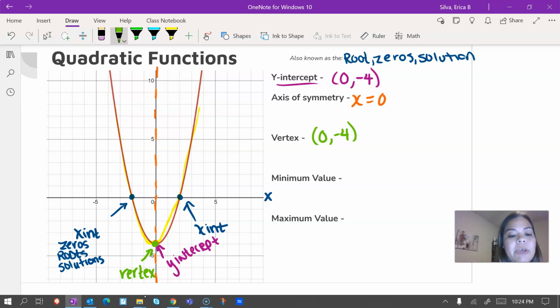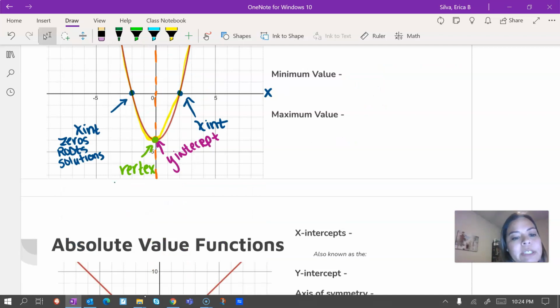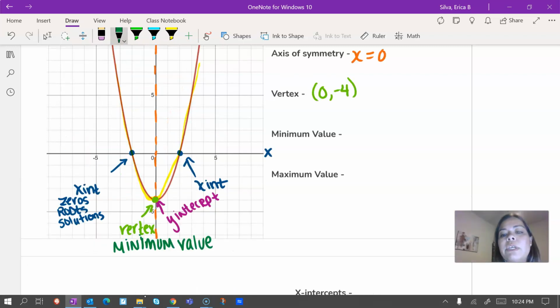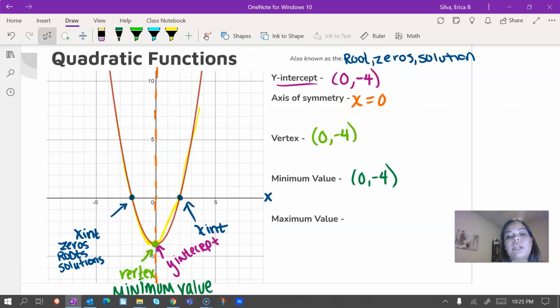So this vertex is also called your minimum value. We have a minimum value at 0, -4. And we do not have a maximum value, so we don't put anything there, not applicable.